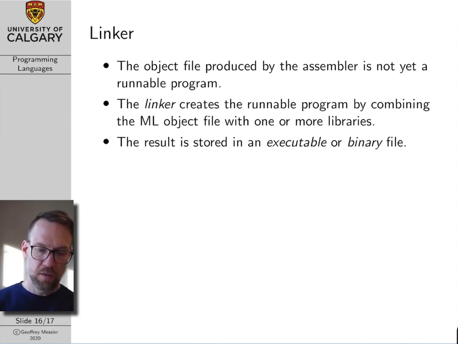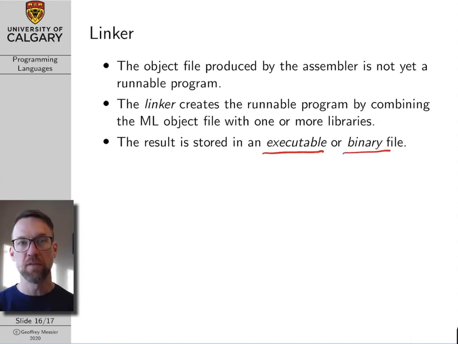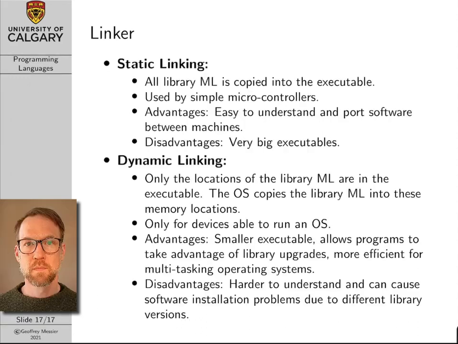And the result is stored in, sometimes we refer to these as executable files, sometimes we refer to them as binary files. And so again, the linker takes our object file and then pulls object code out of libraries depending on what pre-written functions we want to use in our code.